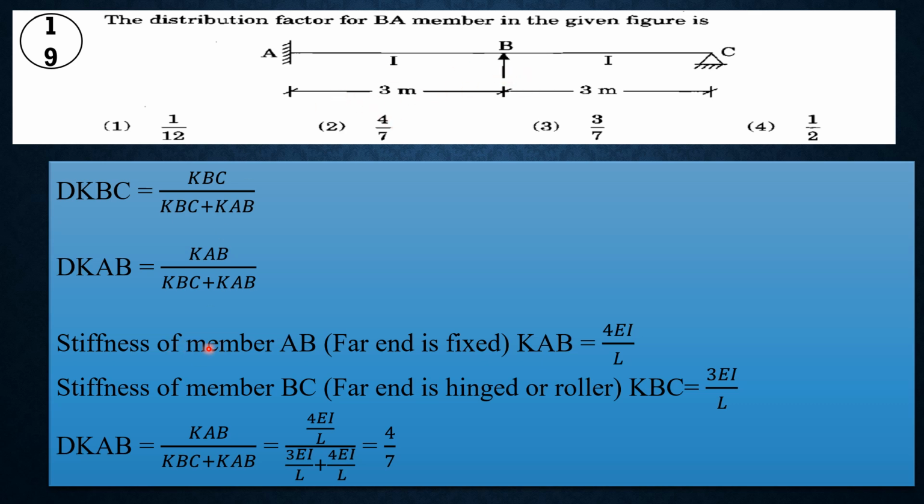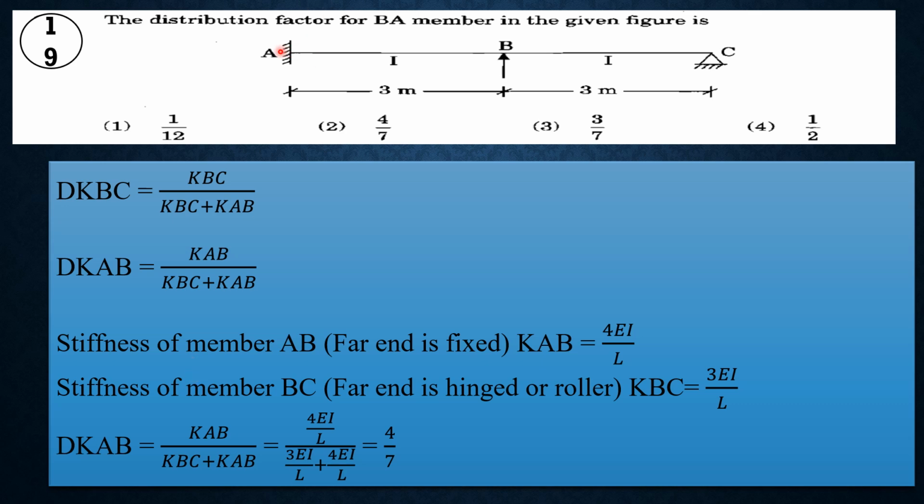Stiffness of member AB, far end is fixed, so KAB is equal to 4EI by L, and stiffness of member BC, far end is hinged or roller, then KBC is equal to 3EI by L.